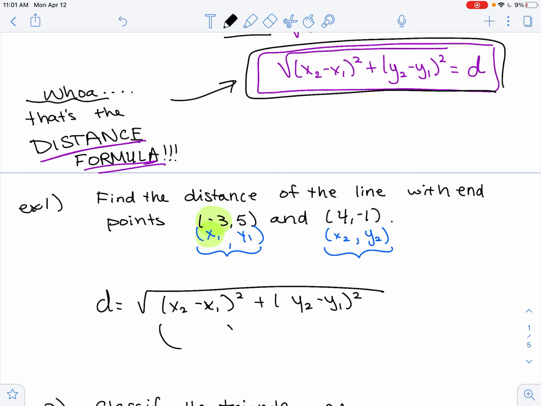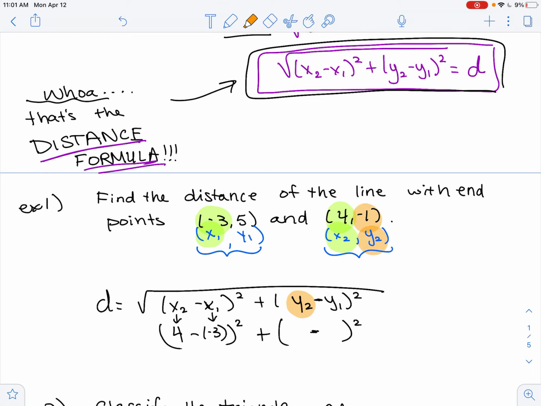So when I see x1, remember there's a minus in front of x1, so I'm going to put a -3 here. And x2 is right here, is going to be 4. So do you see how I just plugged it straight in? Square it plus, and now I'm keeping all of this stuff here because there's a minus here and a squared. So now I'm going to drop in, okay, well, what's y2?